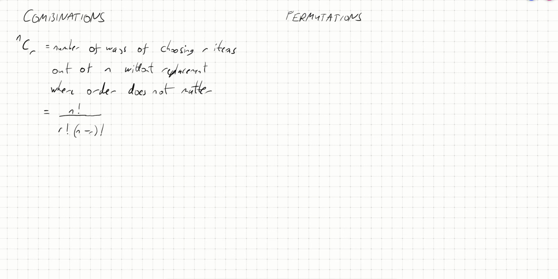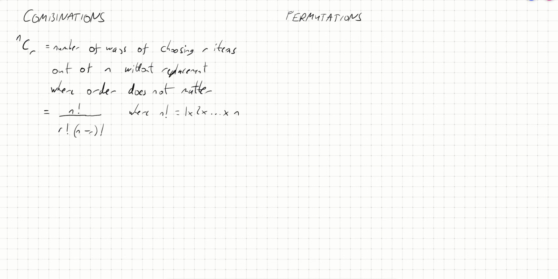And if you're not sure about what factorials are, to get n factorial, it's just 1 times 2 times 3 times 4 times 5, whatever, up to n. So you multiply all the whole numbers up to n, and that gives you n factorial. So this is what combinations are.